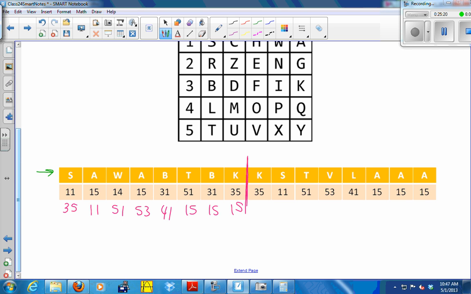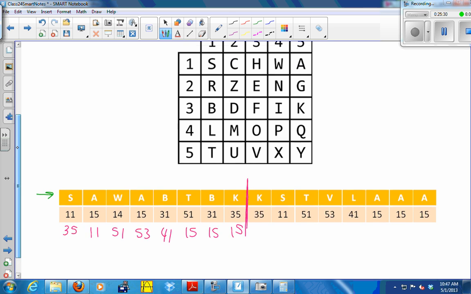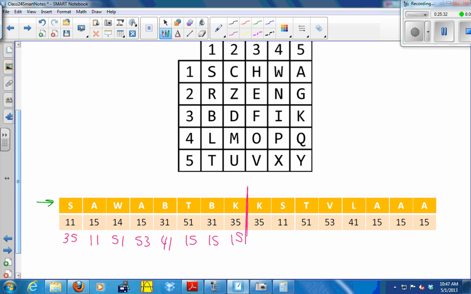Then read the numbers vertically, 1 3, as a row and column, and get the letter from the Polybius square. So 1 3 is H. The next letter is A, and 1 5 is A. So I'm reading them vertically now. 1 and 3 go together. 1 and 5. 1 1, 5 1.